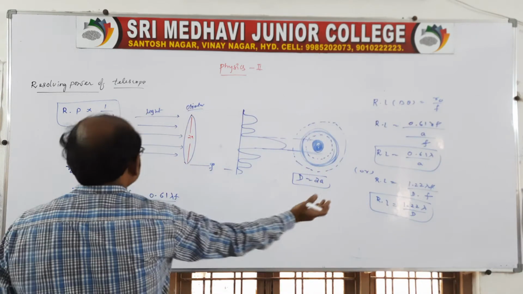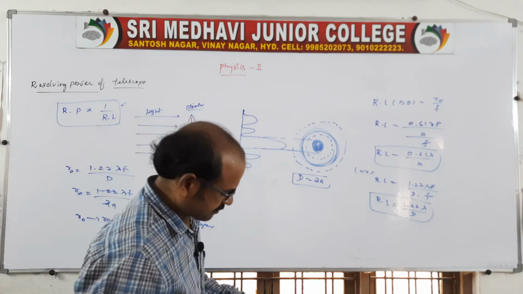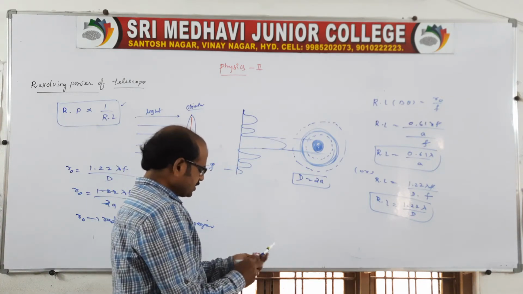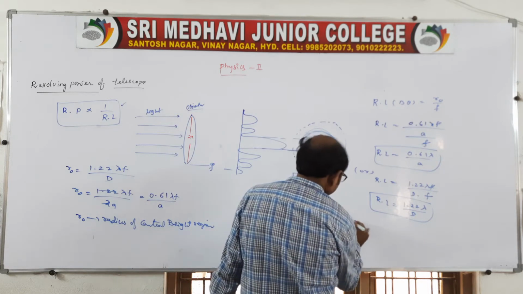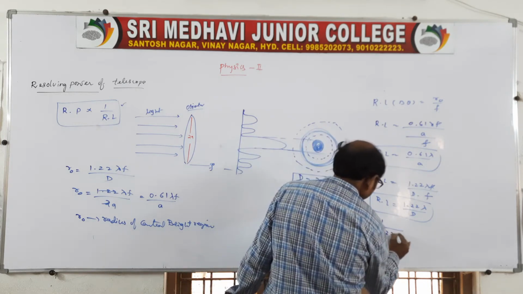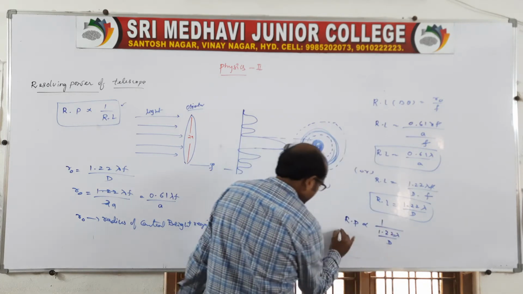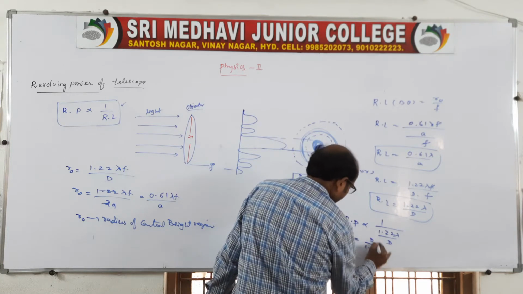Directly you substitute the value here, so the final expression will be according to this. The resolving power is inversely proportional to 1 by the resolving limit, 1.22 lambda by d. So the resolving power is equal to d by 1.22 lambda.